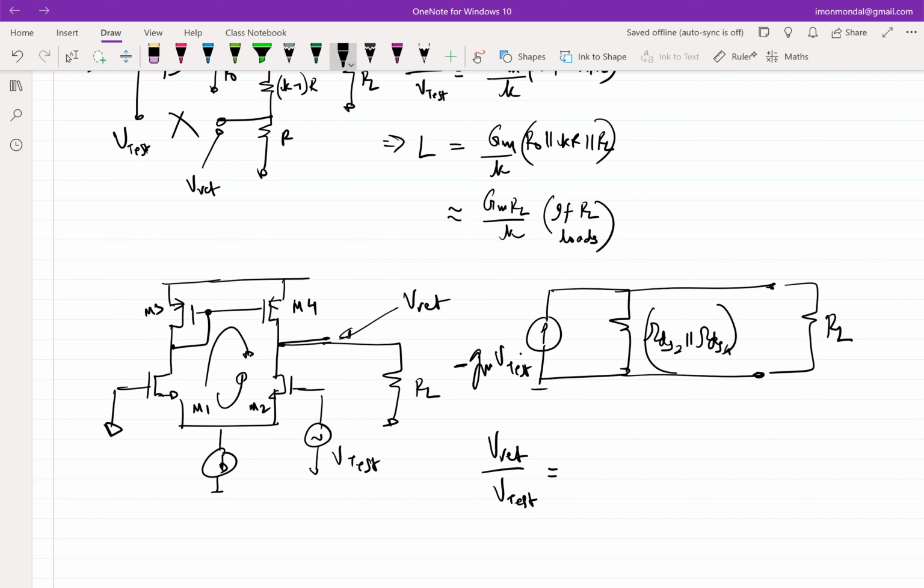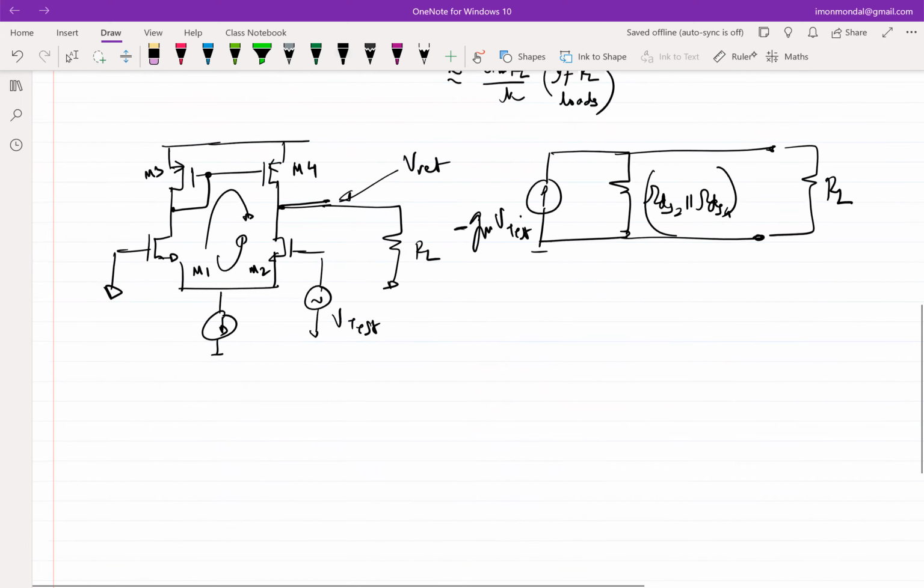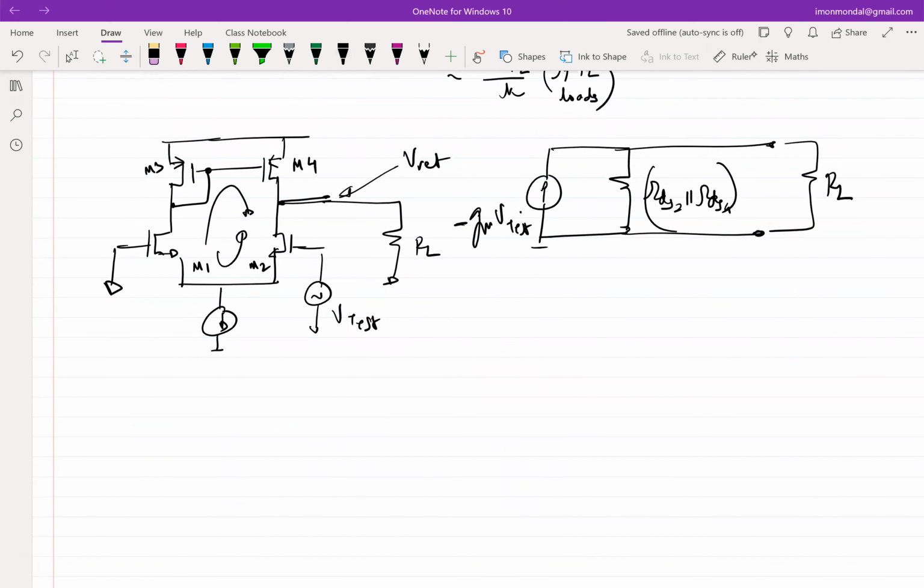So it will be minus GM times V test and this. One of the common ways of symbolic representation of this is keep the GM as is. This is V test. This is RDS2, RDS4.